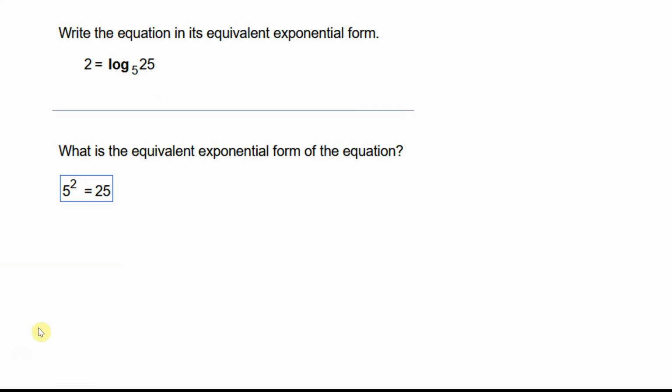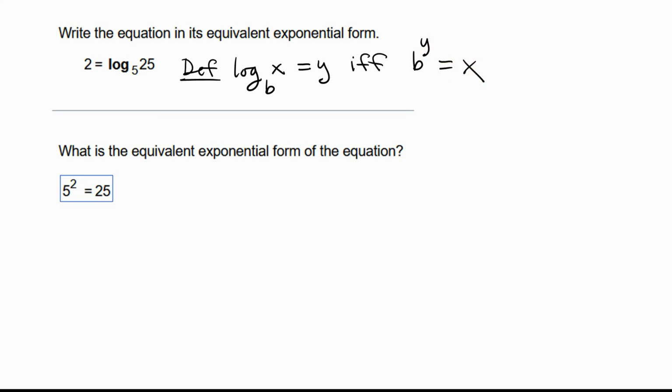So we look at and consider the definition. You want to remember this. The definition says that when I have log base b of x equal to y, this is if and only if the base b raised to the y is equal to x.